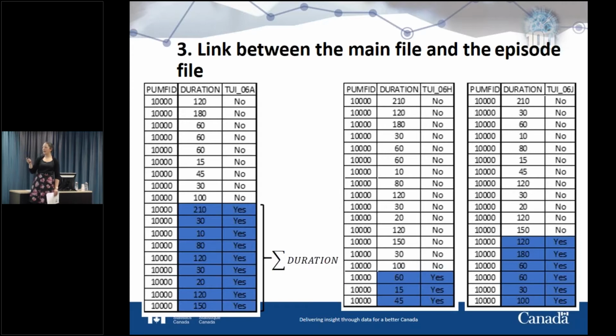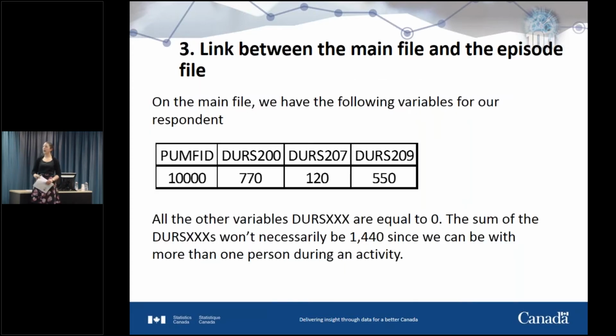The TUI06A is alone, it's the code 200. When we sum all the durations of the episodes where the respondent was alone, the sum should be the value of the DURS200 on the main file. This is what we have on the main file. All the other DURS are equal to 0.